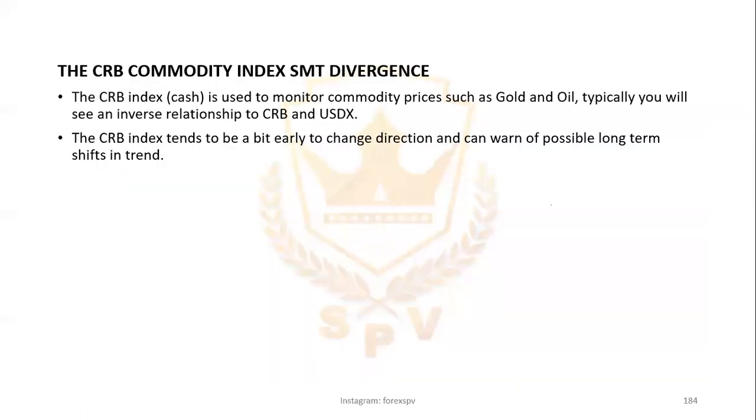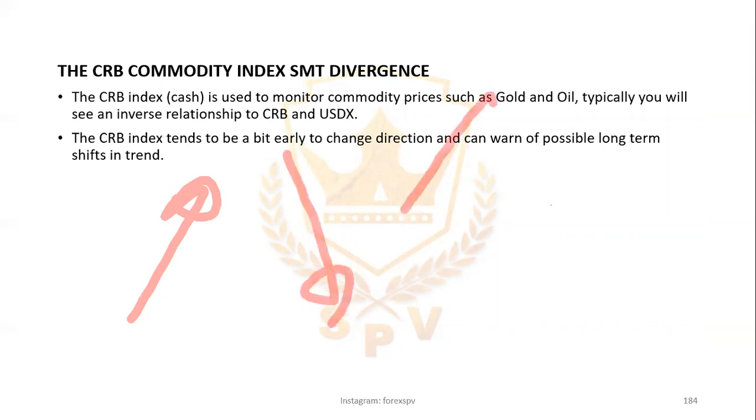We also have the CRB index and the dollar index. The CRB index is used to monitor commodity prices such as gold and oil. It has an inverse relationship with the dollar index. So if the CRB is moving up, the dollar will be moving down.